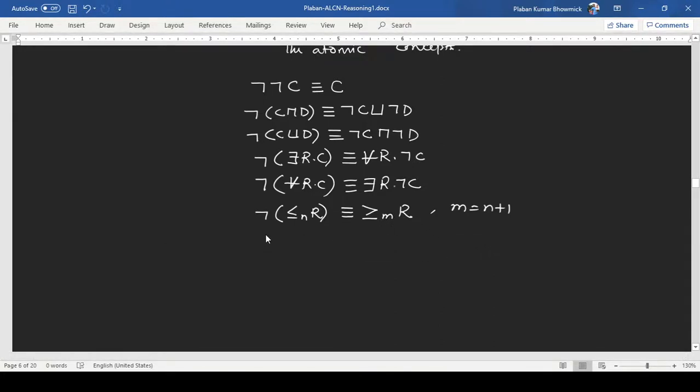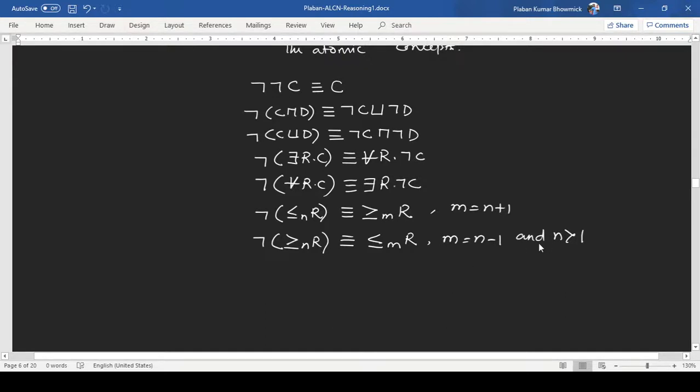And the other, negation of greater than or equal to N R, will be equivalent to less than or equal to M R, where M is equal to N minus 1, so I am converting the at least restriction expression to an at most restriction, and this is for N greater than 1, right?